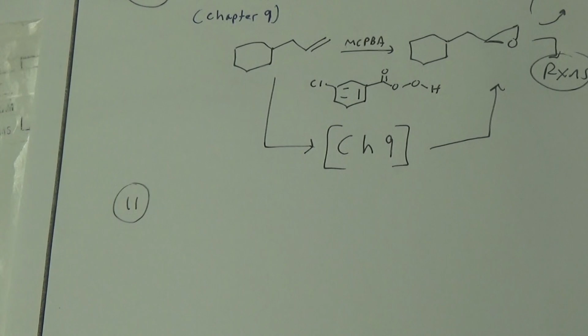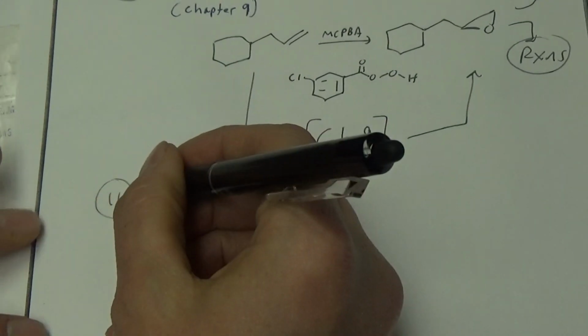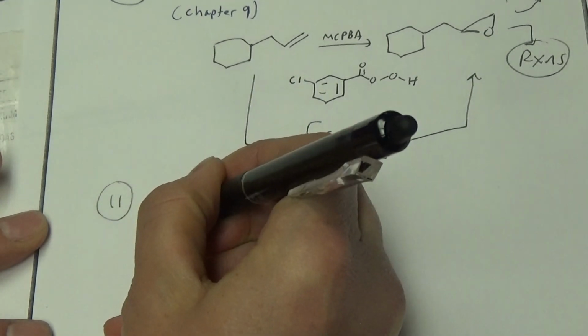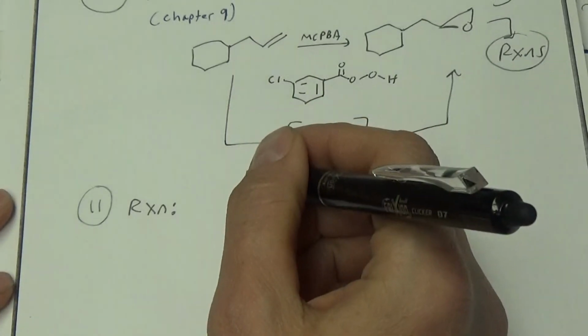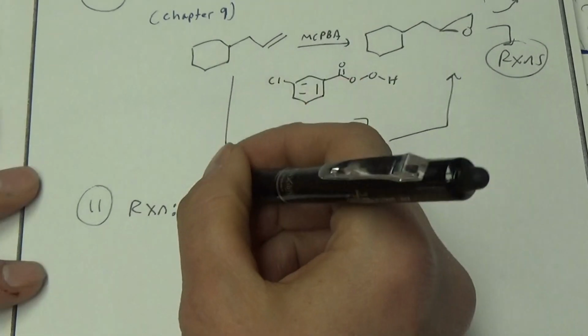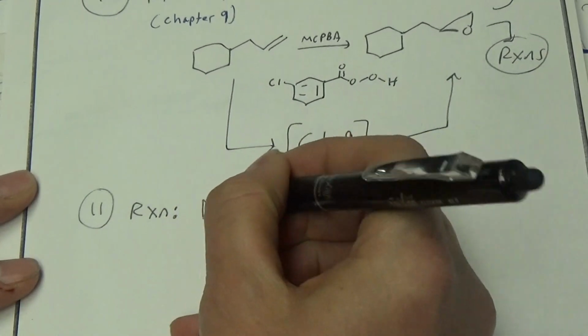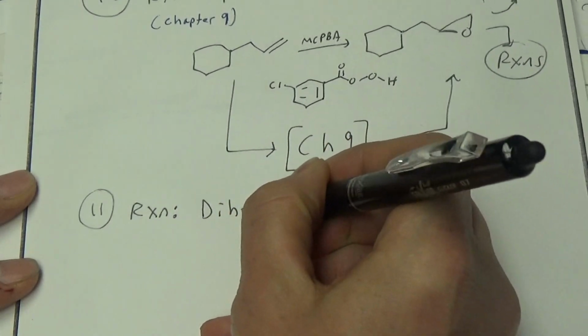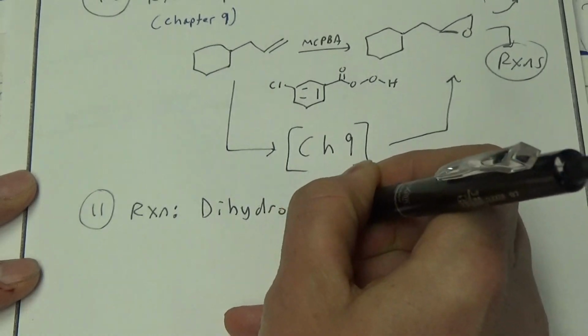Alright, so another reaction. A bunch of them, huh? So we learned about making alcohols from alkenes. What about making two alcohols? This one's called dihydroxylation.